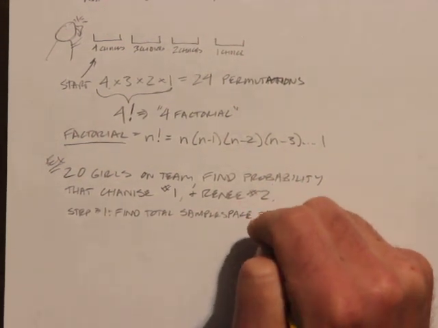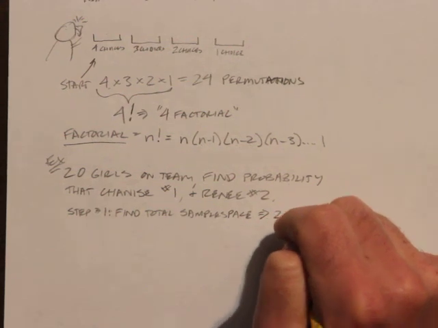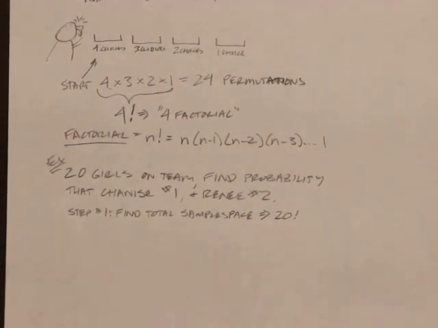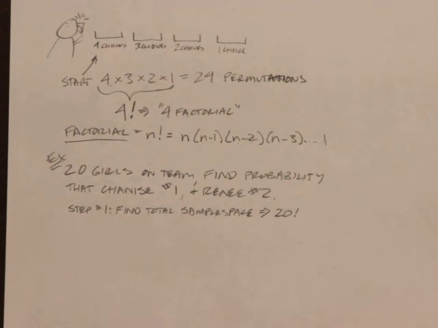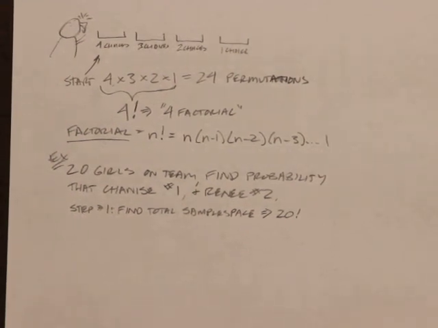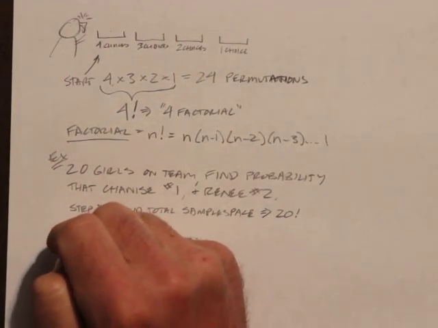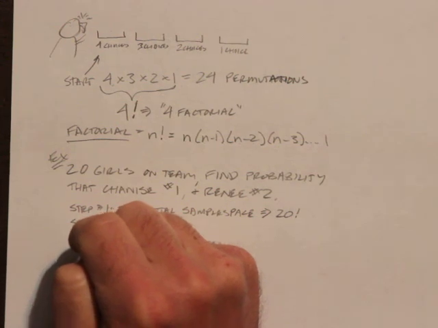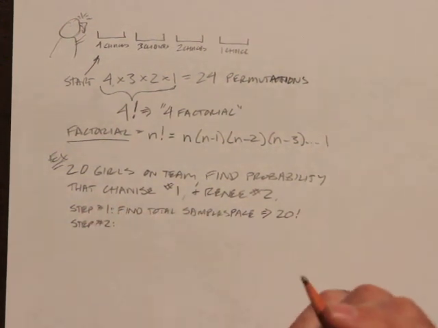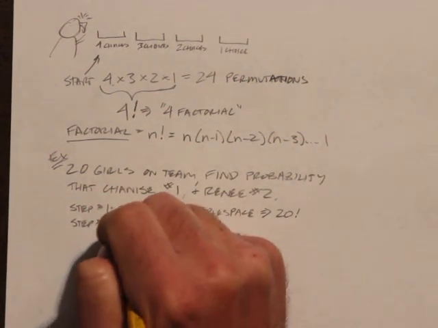That would be 20 factorial. So first we do that. Step 2, find the total favorable outcomes.